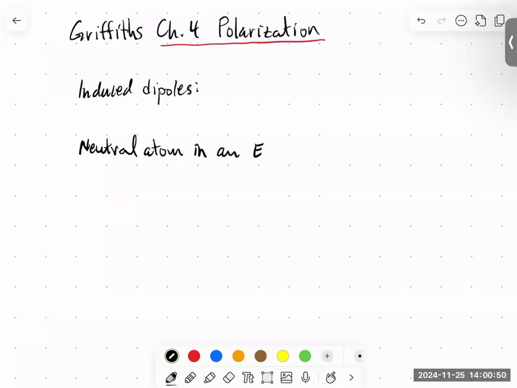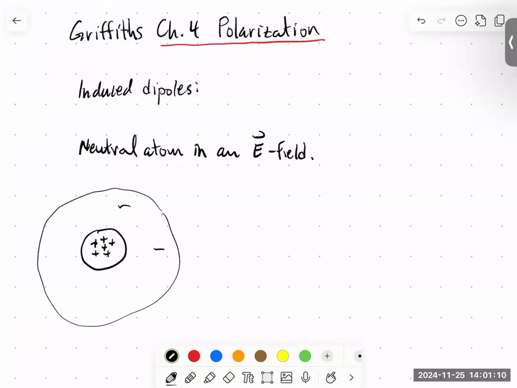Our neutral atom is going to have some nucleus, which is positive. How many did I draw there? 6. And it'll be surrounded by an electron cloud. The electrons will be more or less uniformly distributed around that positive nucleus. And so this is the case where E is equal to 0.